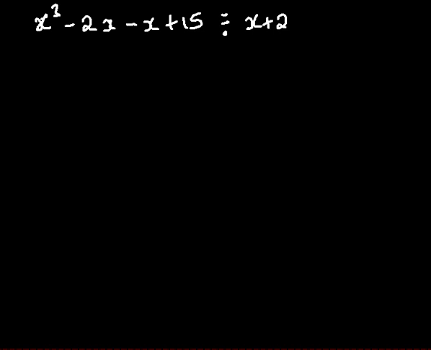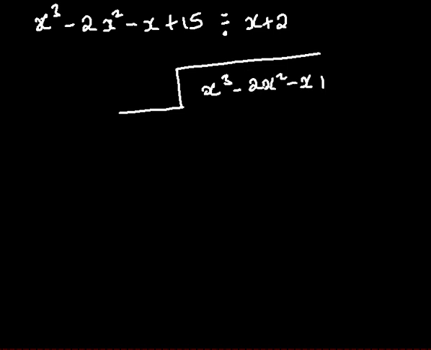So in this case, using the long division method, we have x to the power 3 minus 2x squared minus x plus 15, divided by x plus 2.